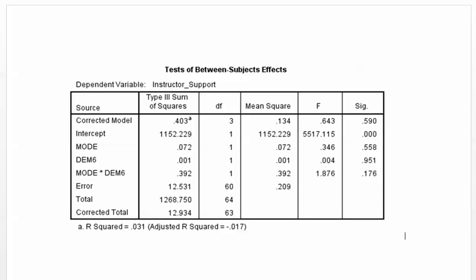But in just strictly using this handout and nothing else, I ended up with the chart that you see in front of you. Now, this information goes with my research question 1 and research question 2.